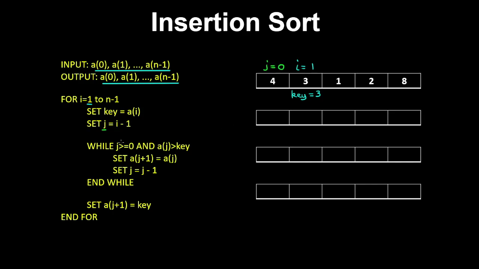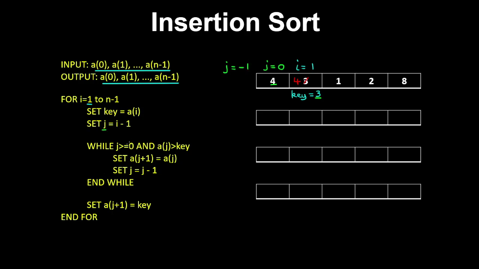So while j is greater than or equal to 0, which is true, and the element at index j is greater than the key, which is also true, then the element at index j plus 1, which is 3, is set to the element at index j, which is 4. And then j is decremented, so now it's equal to -1.